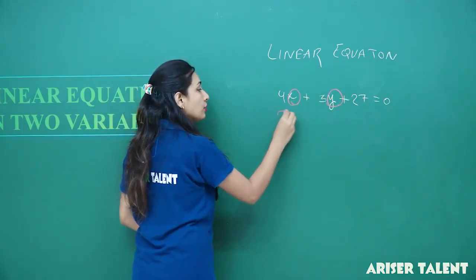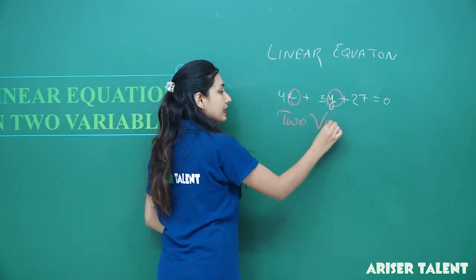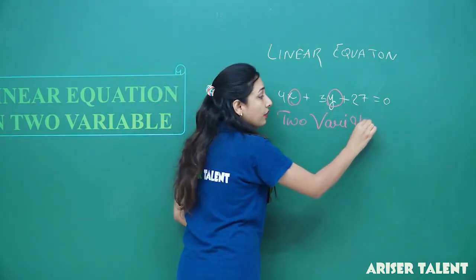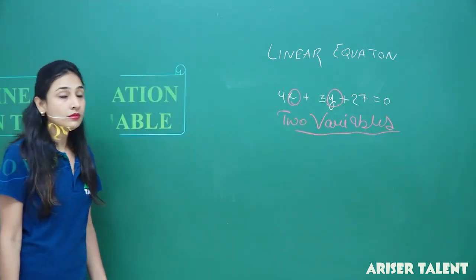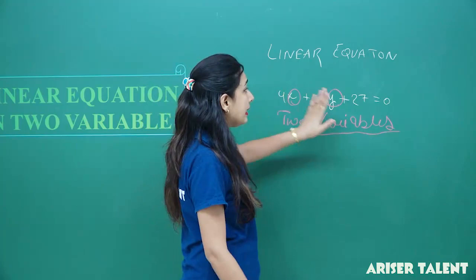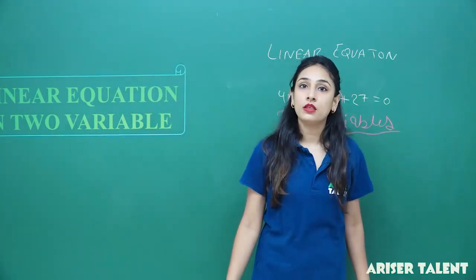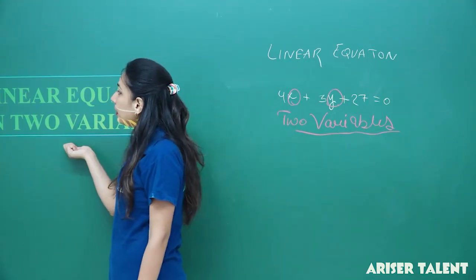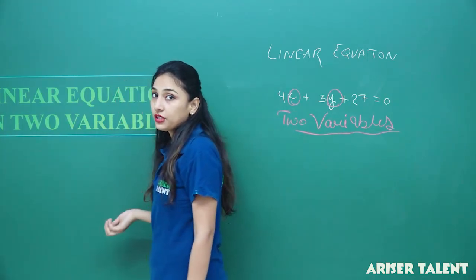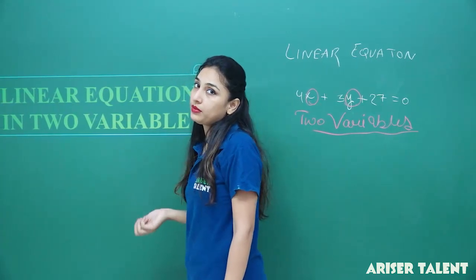So these are 2 variables. Okay students, so this is a linear equation in 2 variables. Now this is what we are going to learn. Come here, linear equation in 2 variables.